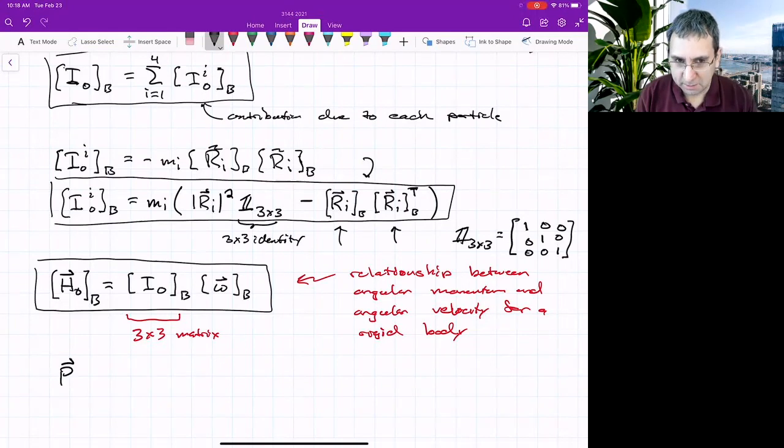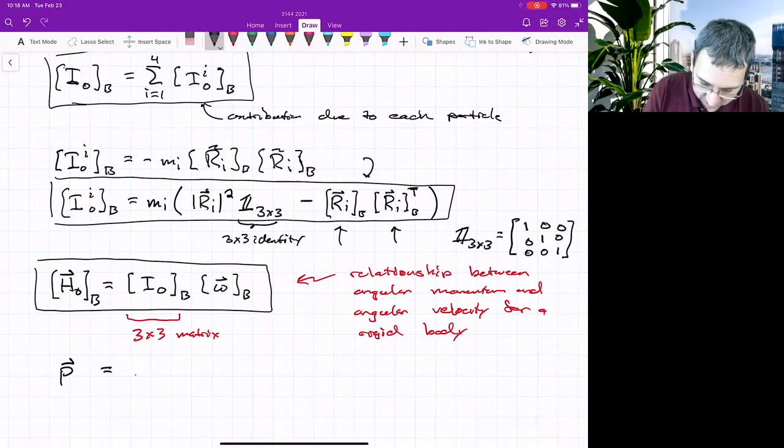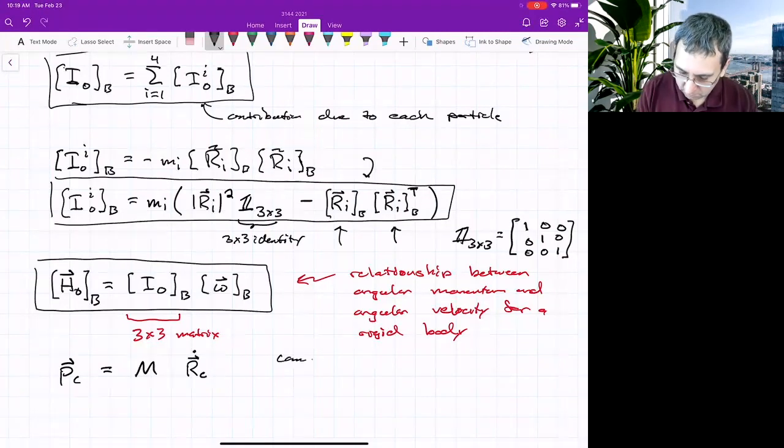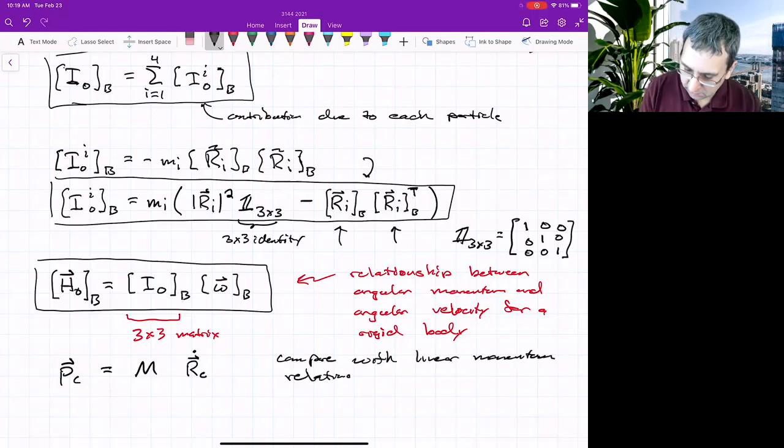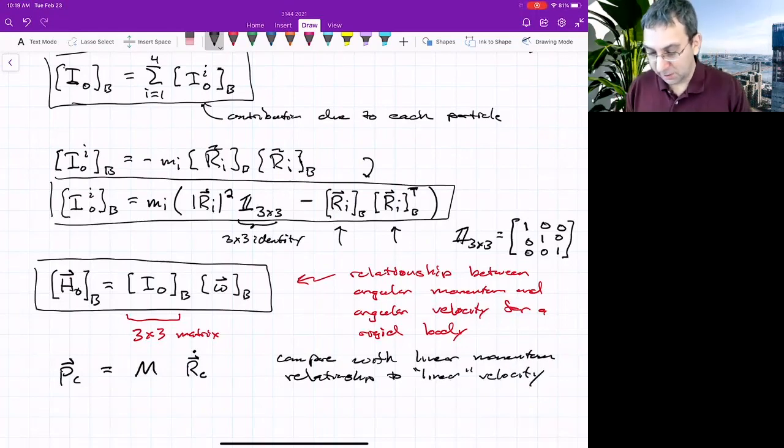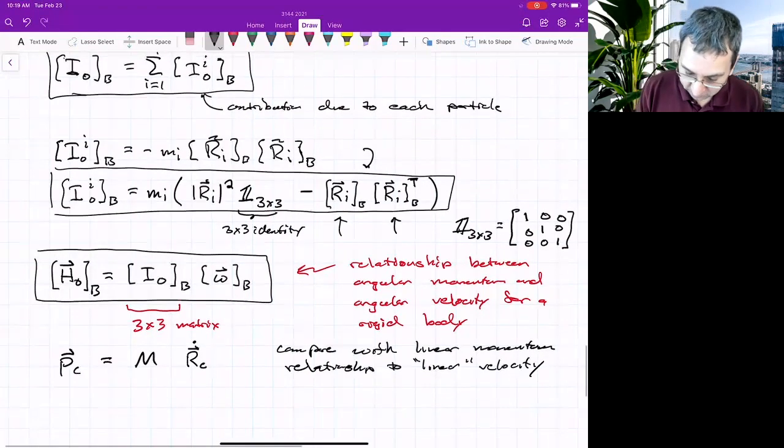With the linear momentum, we would write P equals, it's just the mass, so let's talk about the center of mass, the total mass times the inertial velocity. We haven't really called it the linear velocity, but in analogy with angular momentum and angular velocity, this is the relationship of linear momentum and linear velocity. And here we don't have a 3x3 matrix, we actually just have a scalar.